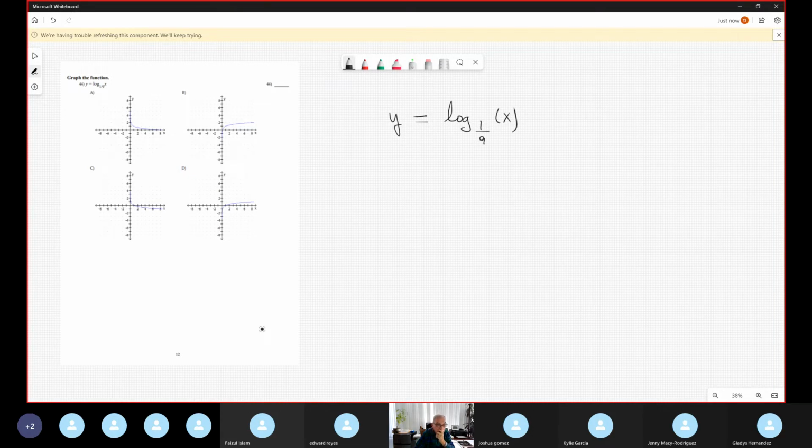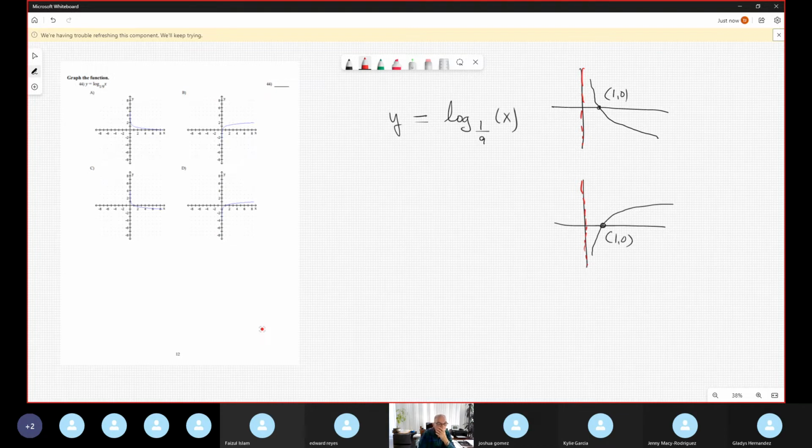When the base is bigger than 1, the graph is something like that, and this is the famous point 1, 0. It's increasing. However, when the base is less than 1, the graph is like that. It's decreasing, it's going down, and this is again the famous 1, 0. In both scenarios, we have a vertical asymptote here. This is my mental idea.